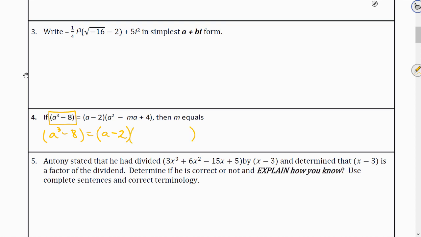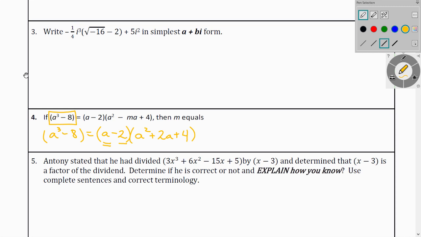Now this next bit is a trinomial, and what I get is this number, a squared. I then do this number times this number, change the sign. So a times -2, change the sign, is a plus 2a. And then -2 times -2 is positive 4.